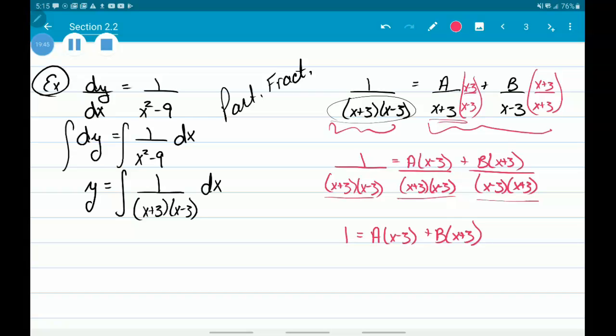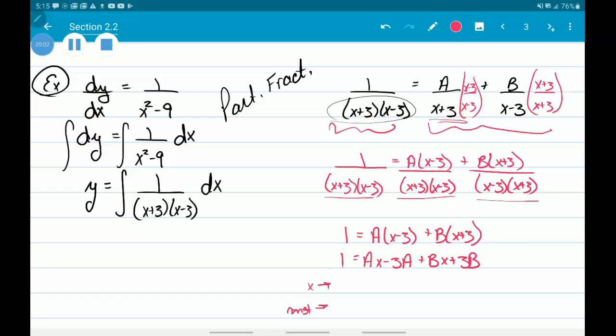And this is where we can compare coefficients. So if we were to FOIL this out, we would have that. So we're going to compare coefficients of x, and we're going to compare those constants.